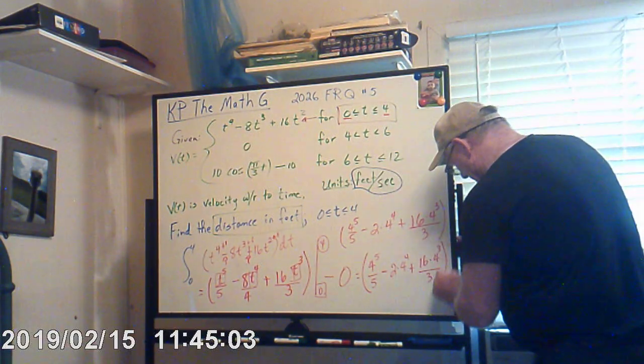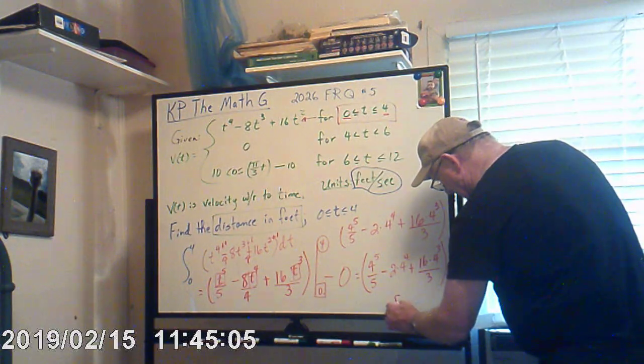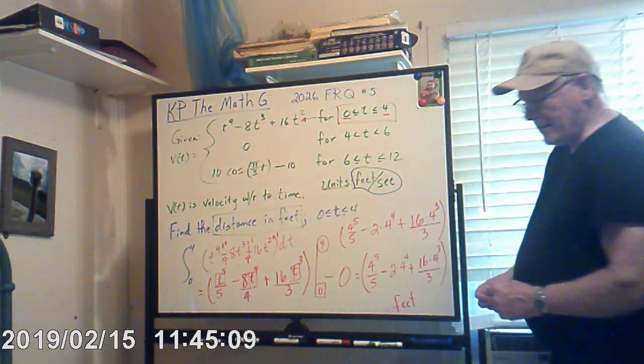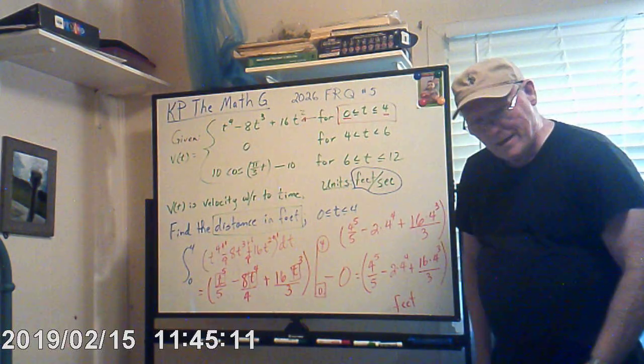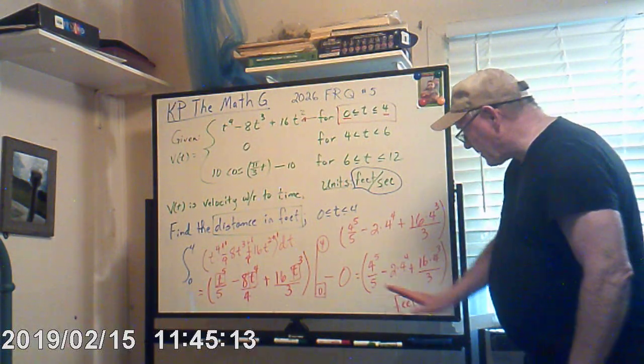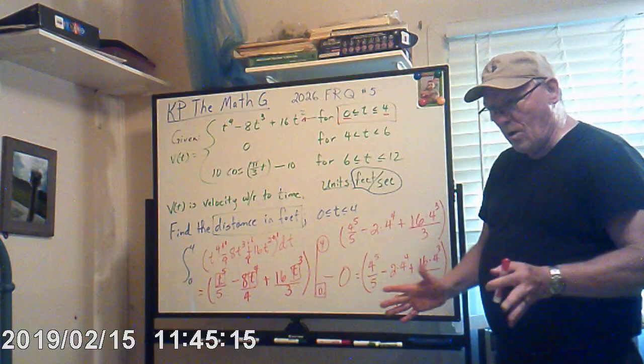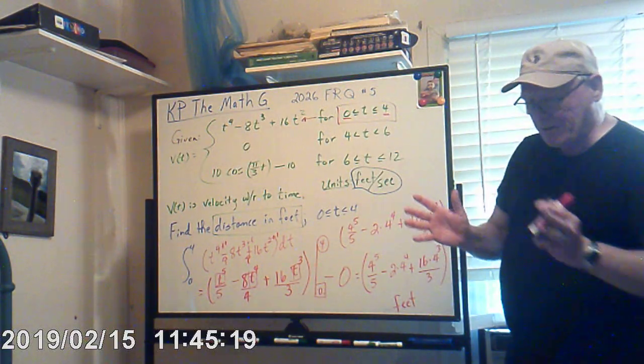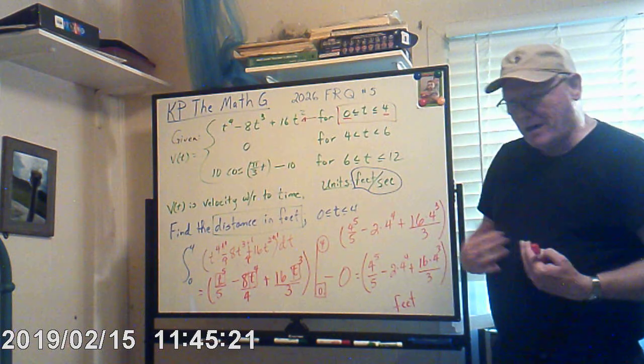Now, I'm just going to show you something. Why am I writing the word feet? I'm done. That's why. Because the rule is on the AP exam. I don't believe this rule has changed, even though I've been retired a few years.